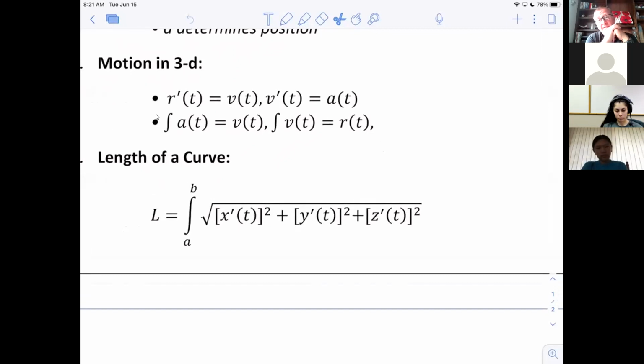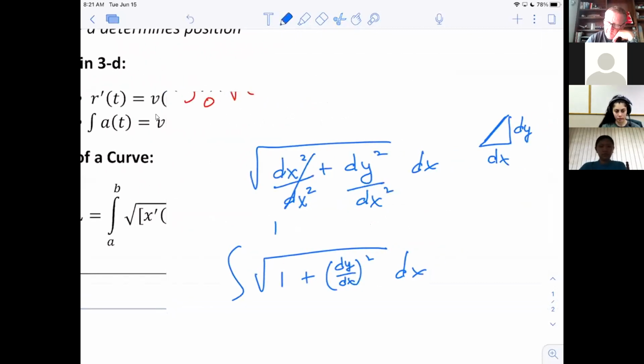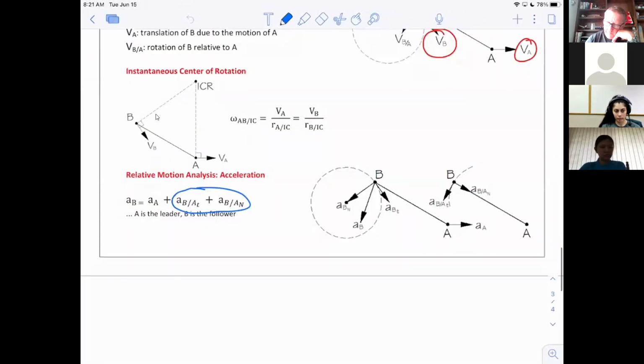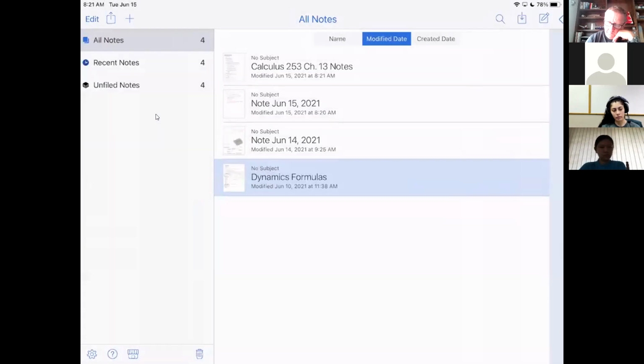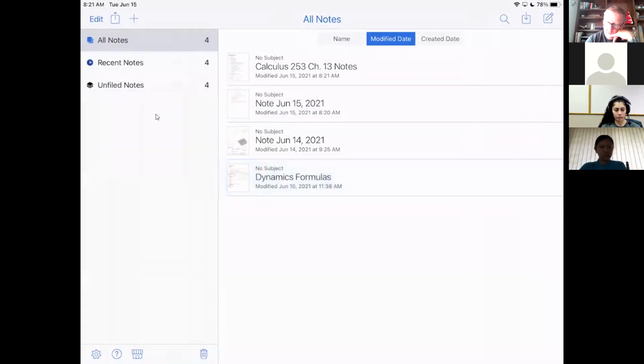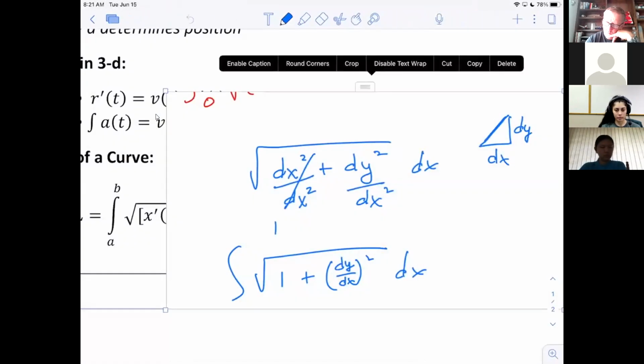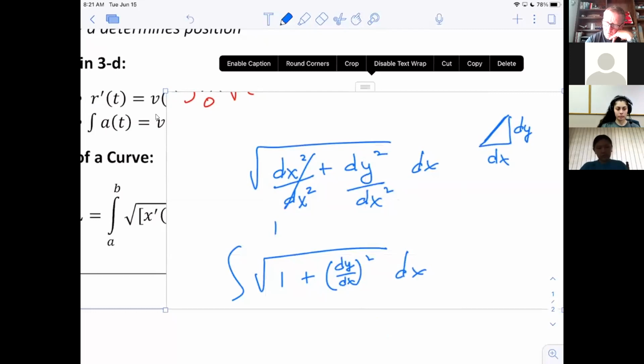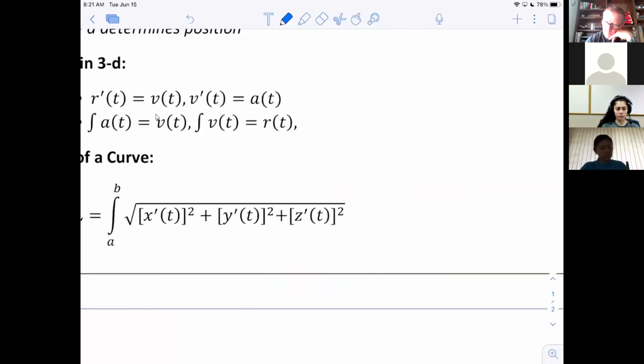Well, then I'll just divide by dt squared. And so it's actually missing on here. There really should be a dt out here.